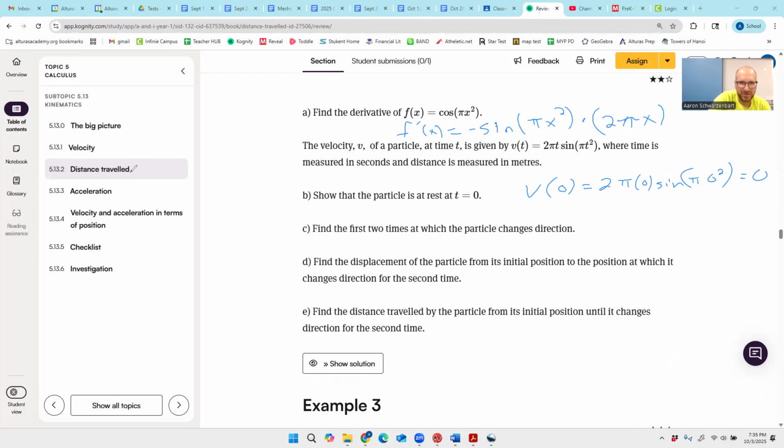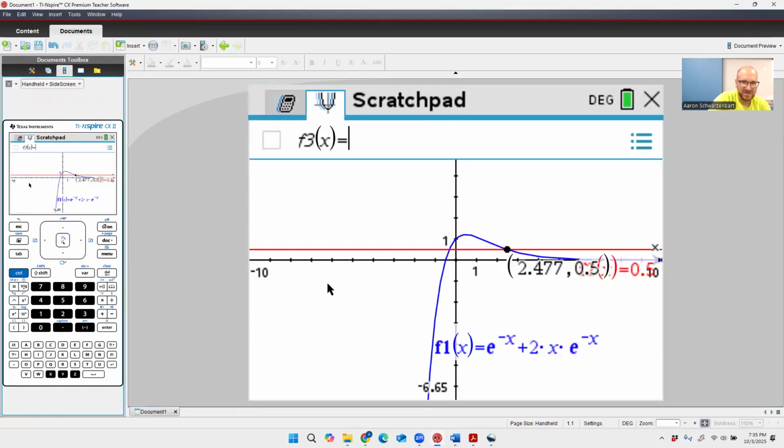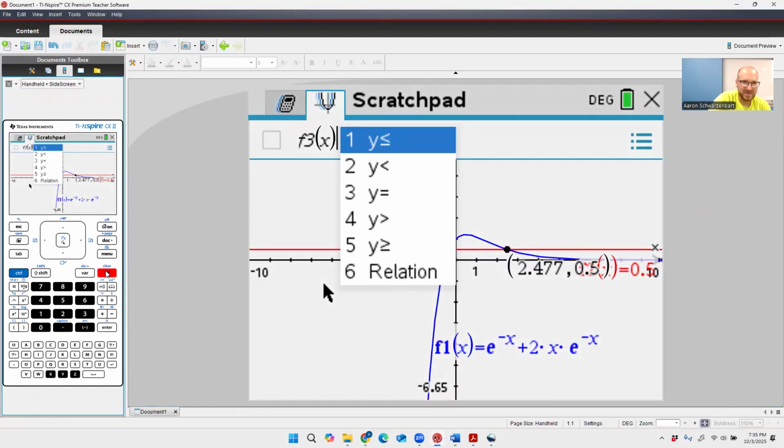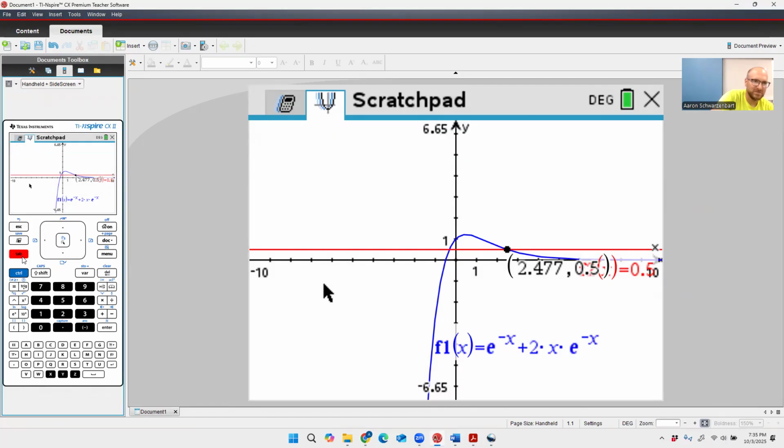I definitely want to graph this. I'm going to clear this. 2 pi x sine pi x squared. And again, I'm only going to look at the positives.